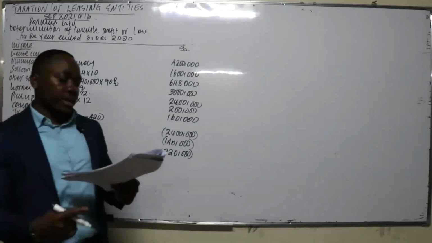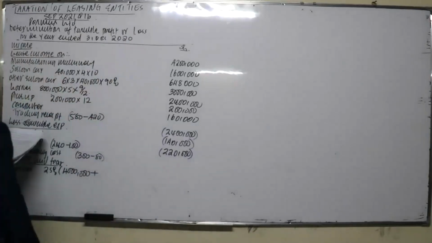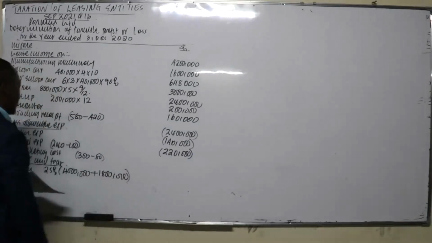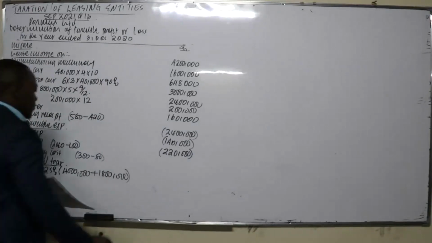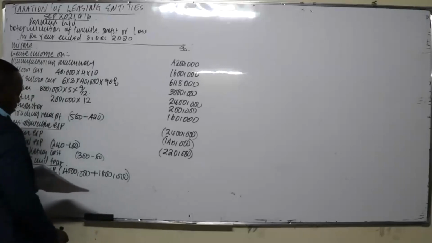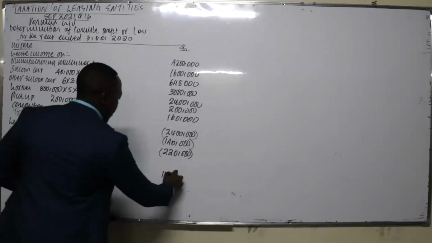During the year, we purchased an additional rolling stock at an amount of 1.8. 25% of 5.8 is 29, divided by 2 is 14,500, that is 1.45.